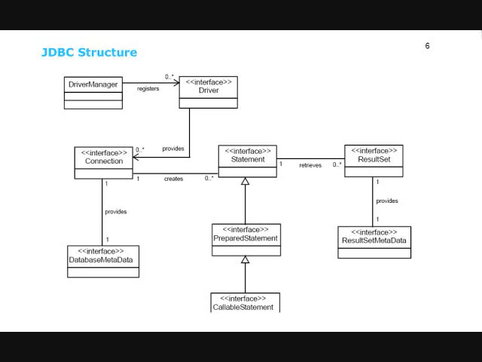So we have a driver manager, and that is going to register a number of drivers. In this case, we're going to register the driver for the PostgreSQL database management system. Once we have registered that driver, we can communicate with the PostgreSQL database. And the first thing that we have to do, as you do when you use a database, is establish a connection to it.